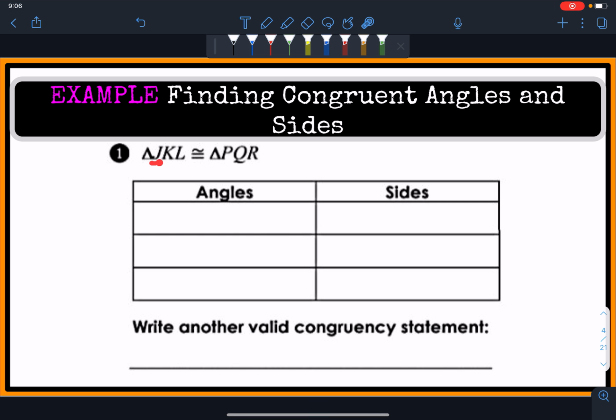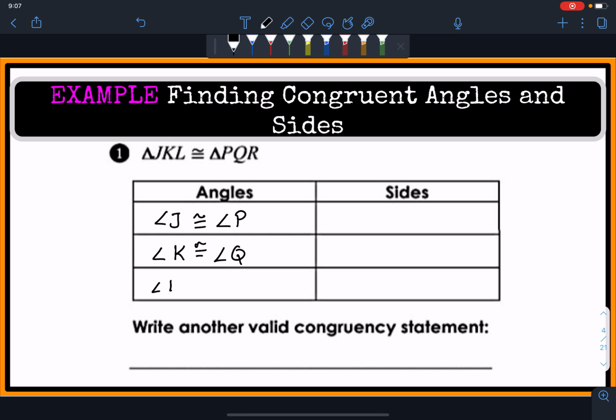We can name angles by the corner, by the vertex, so angle J is going to be congruent to angle P. The same thing with K, since angle K is the middle vertex indicated here, that's going to be congruent to the middle letter on the other triangle, angle Q, and those two are congruent.